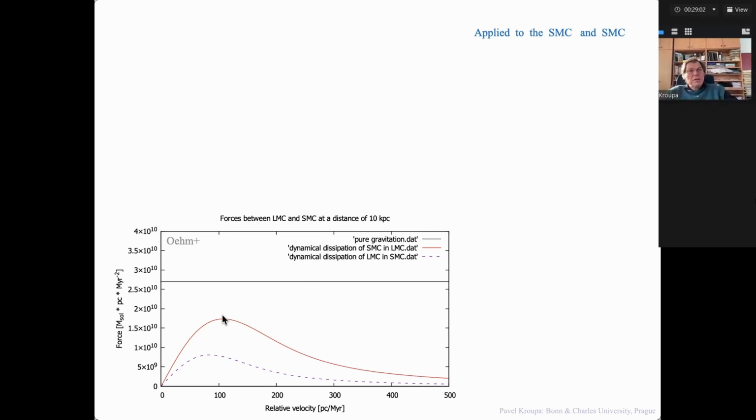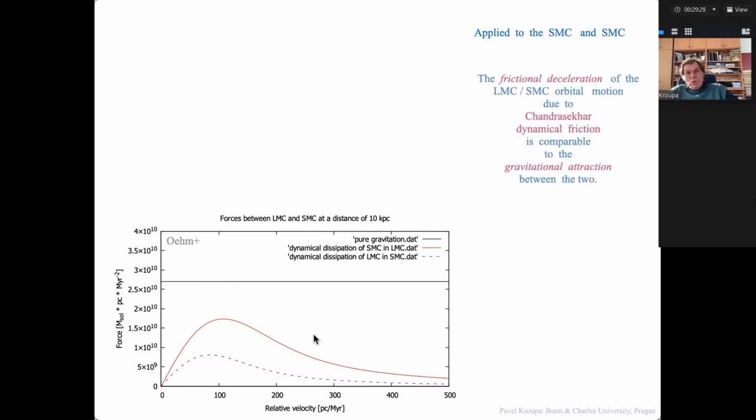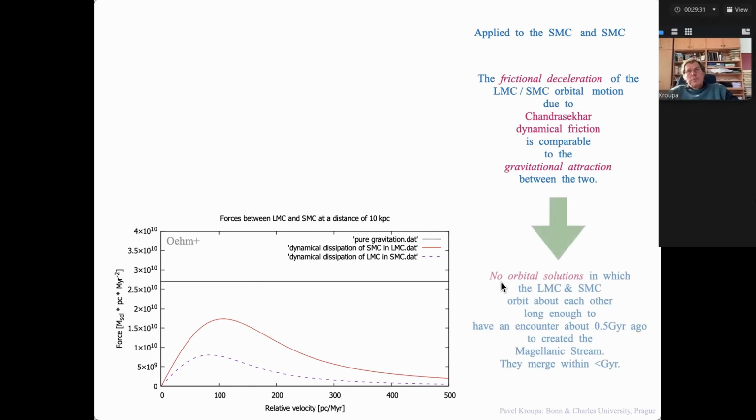And this here is the dynamical friction force of the LMC on the SMC and the SMC on the LMC, because they are both in their own dark matter halos, and these two dark matter halos are inserted in the dark matter halo of our Milky Way. You can see that the gravitational attraction between these two galaxies and the dynamical friction force are comparable in scale. This precludes orbital solutions. So no orbital solutions, because the LMC and SMC would just merge far too quickly.